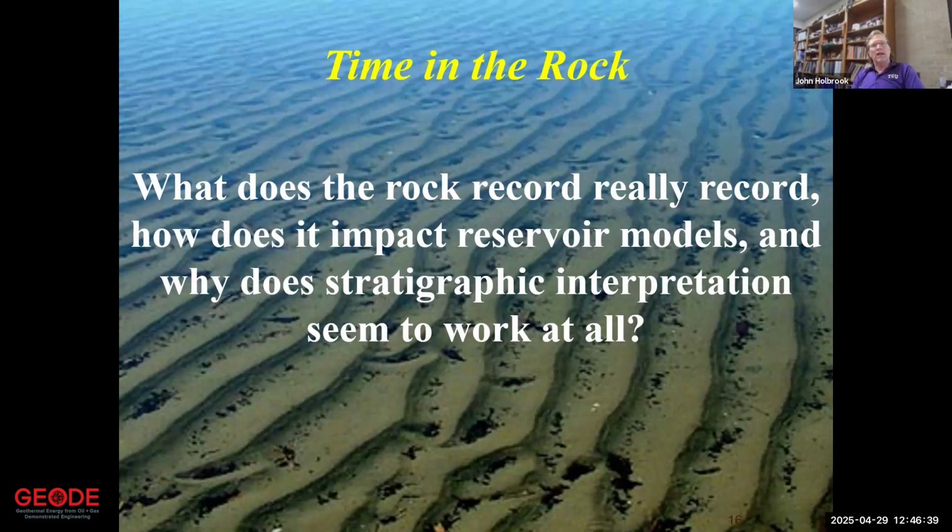So let's talk a bit about how we build a sedimentary reservoir and what we've learned about the processes that go into building this reservoir so we can better understand how to treat it.